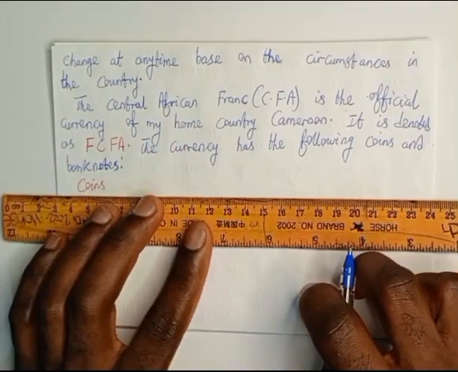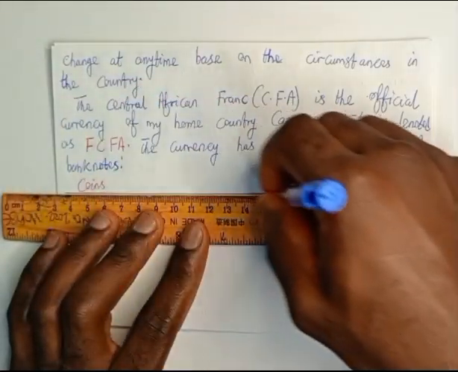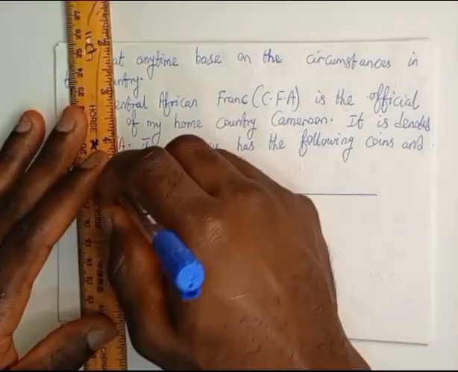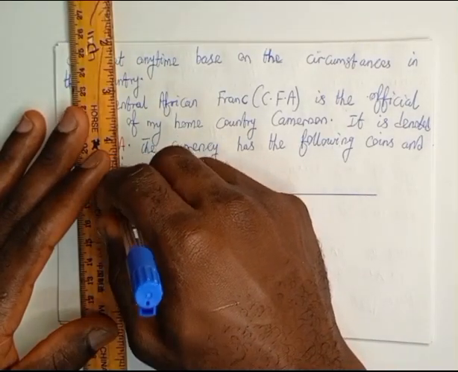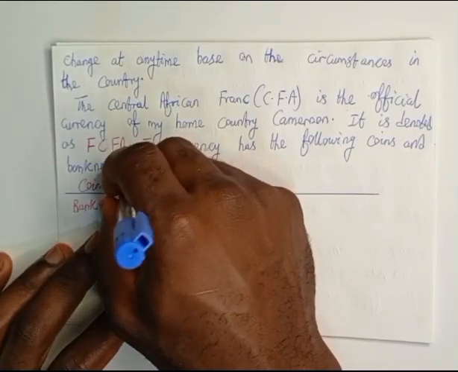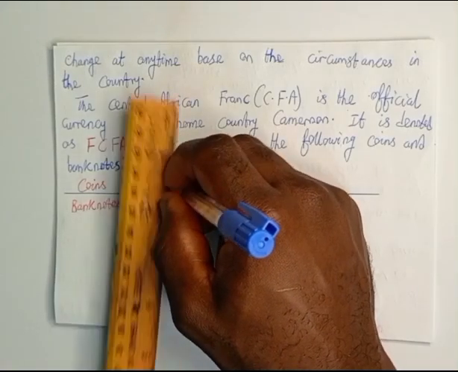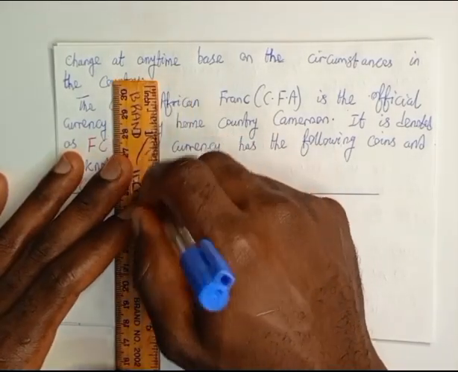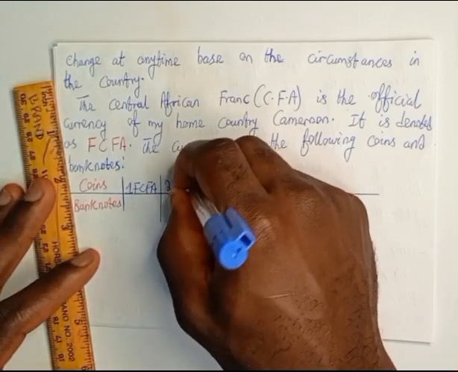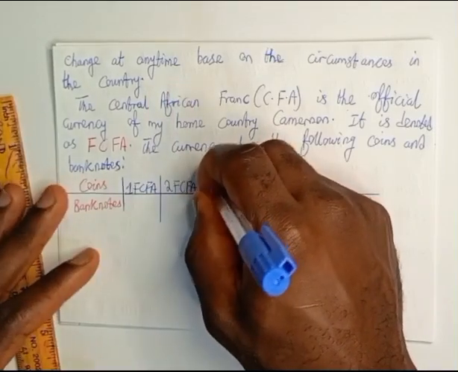When we talk of coins, that means money which is made from gold or silver, and the banknotes are money from paper. The first coin, we have 1 franc CFA. Next we have 2 franc CFA. Next we have 5 franc CFA.